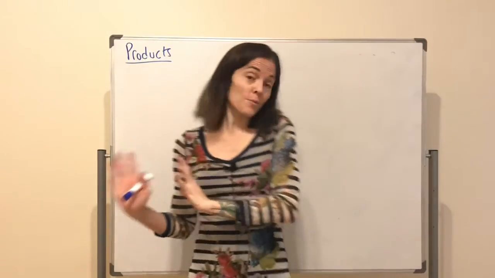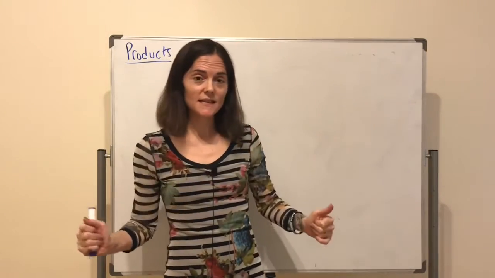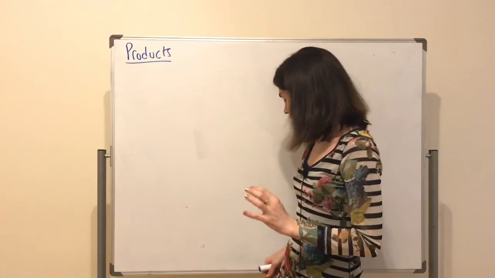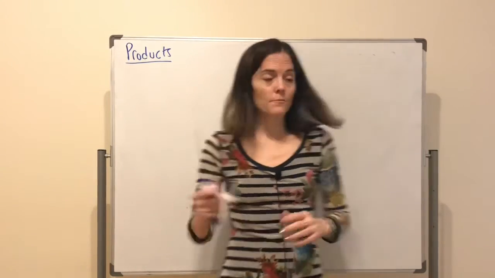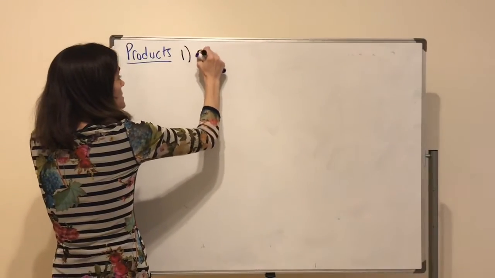Now there are products too. We will get to multiplying two matrices later, but I'm going to talk about two products today, okay? And both are very important. Number one, this is the dot product.